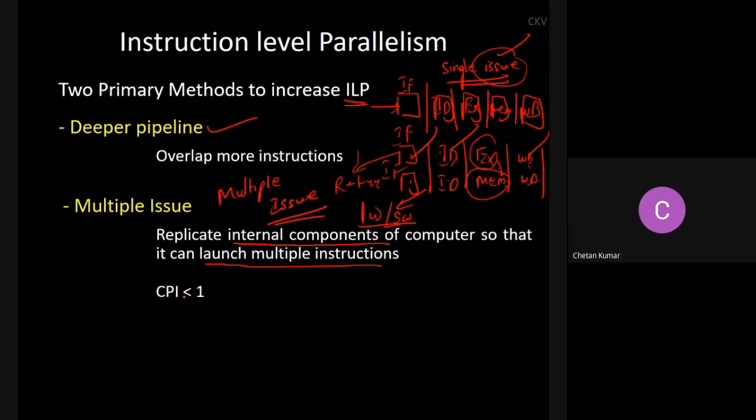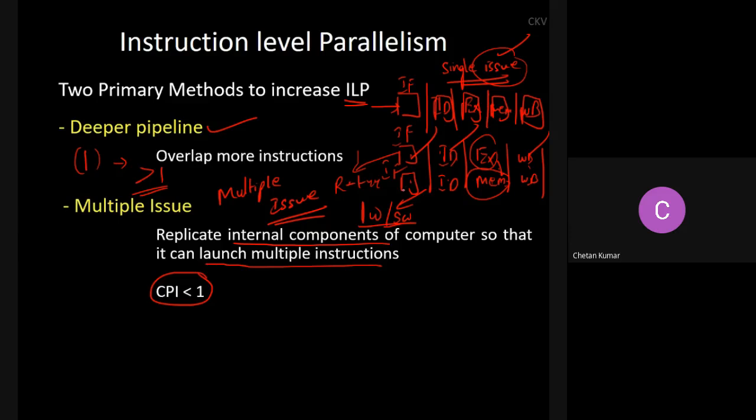In a normal pipeline processor, your CPI will always be greater than 1. Ideal CPI will be equal to 1, but the actual CPI will be greater than 1. But in the case of multiple issue, multiple instructions might be executing in a single cycle. So in that case, your CPI will be less than 1.